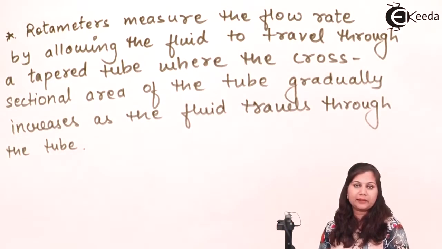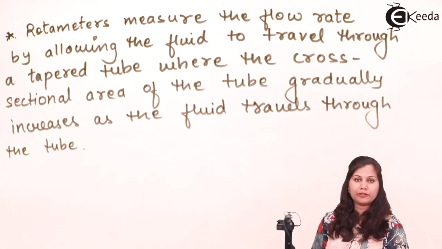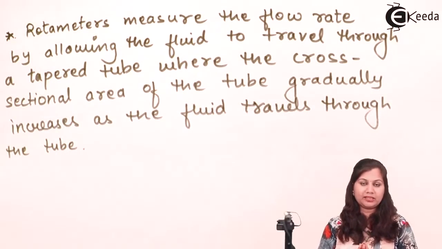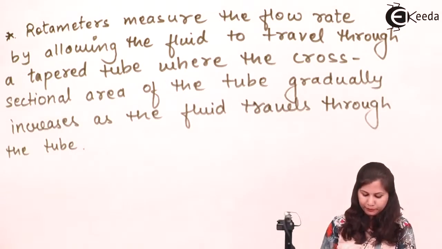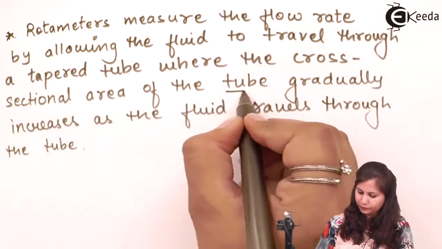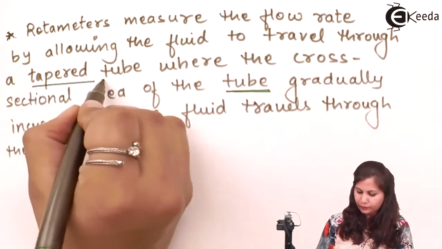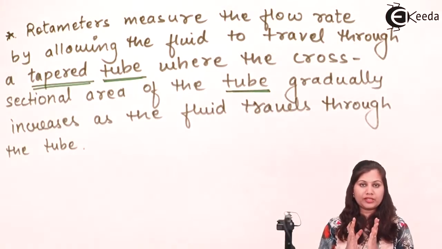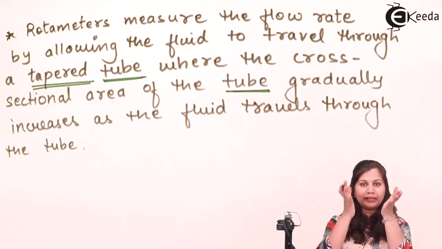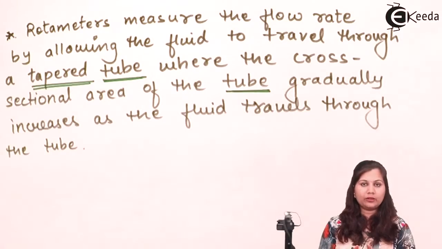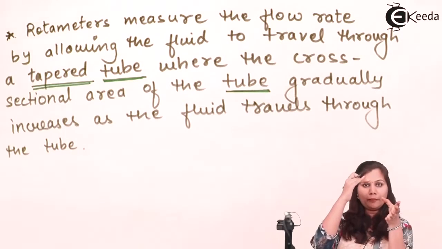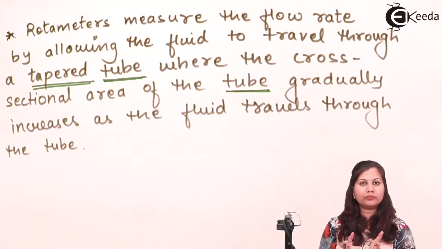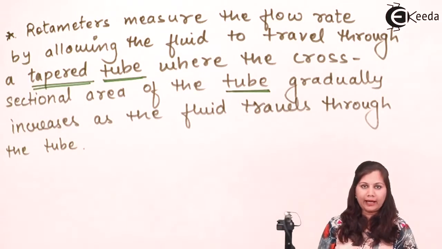So rotameters measure the flow rate by measuring the change in the cross-sectional area. In rotameters there is a tapered tube. Tapered tube means a tube which is having a wider opening and a narrow closing. So at the top of the tube it is widened, and at the bottom the tube is having a very narrow opening.